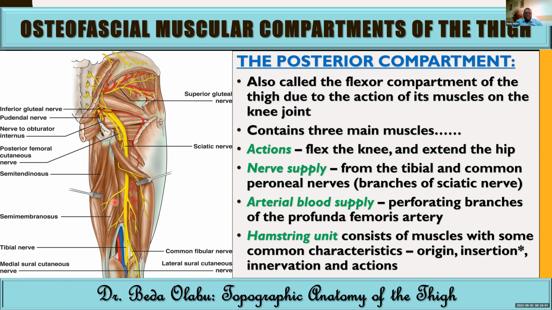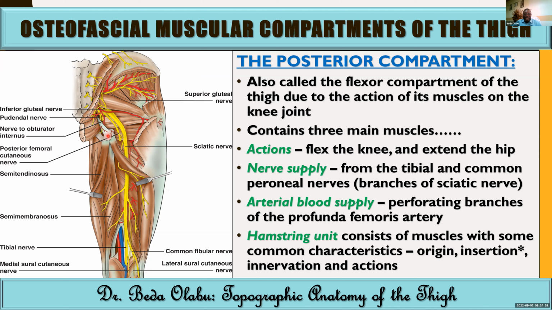When you're talking about the posterior thigh, there's a term called hamstring that we commonly hear. Some of the musculature of the posterior thigh belongs to the group that we call the hamstring muscles. Now, the hamstring group of muscles refers to muscles with some common characteristics. The hamstring muscles have the same origin, and the origin is the ischial tuberosity.